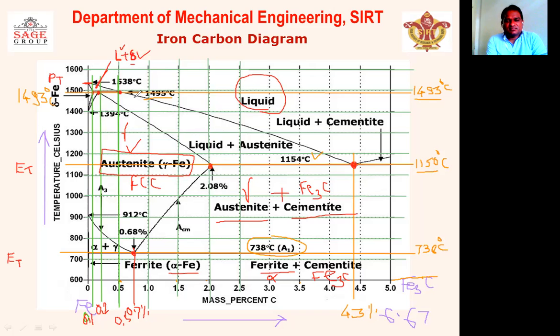So these are the reactions in the iron carbon diagram: peritectic, eutectic, and eutectoid reaction. This point and this point are showing the reactions.